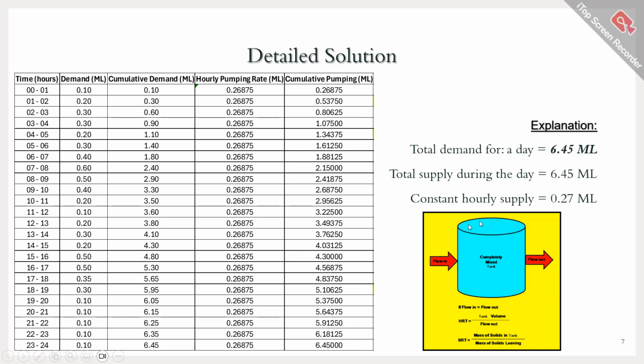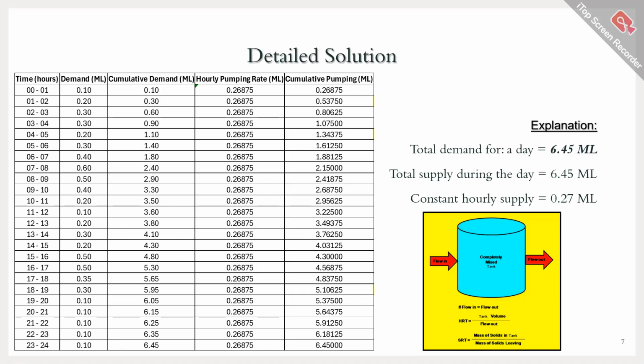You can assume this is just a shock absorber tank, whose volume you have to calculate. Flow is coming in at a rate of 0.27 ML per hour, and flow is going out at this rate in different hours. The total flow that came into the tank is 6.45, and the total flow that went out of the tank is again 6.45 at the end of the day. If you sum up all these values, total demand equals total supply.